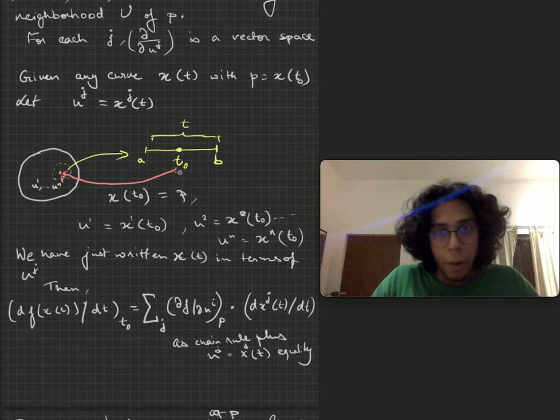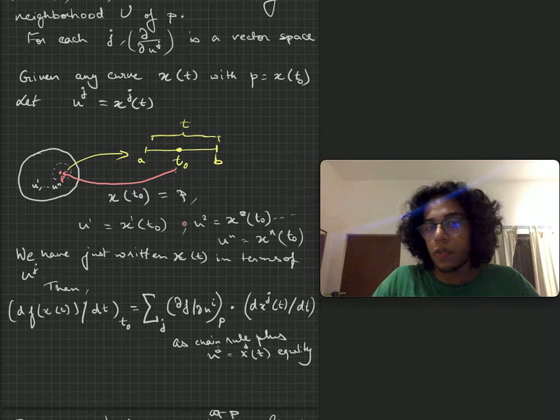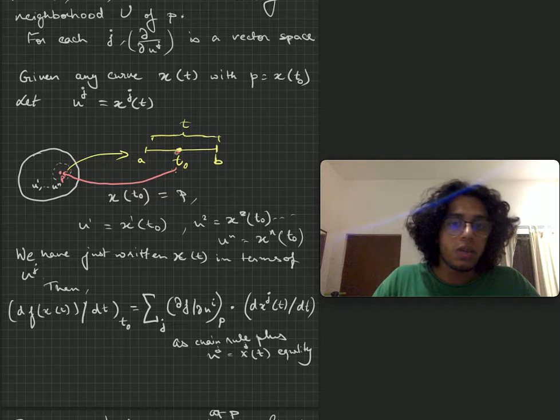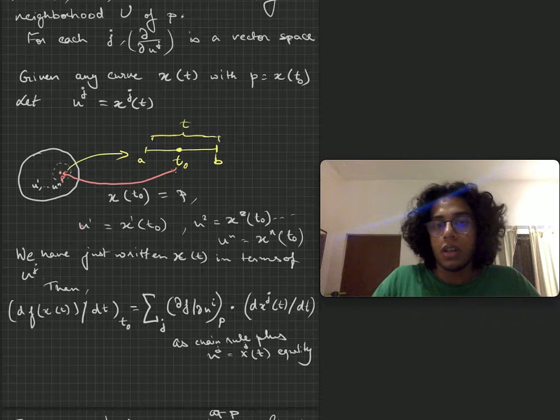Now you can see this mapping here, such that u1 is equal to x1 of t naught and u2 is x2 of t naught. So when you have t naught here, and then you have x1, x2, x3 and so on, that maps onto u1, u2, u3 and so on.